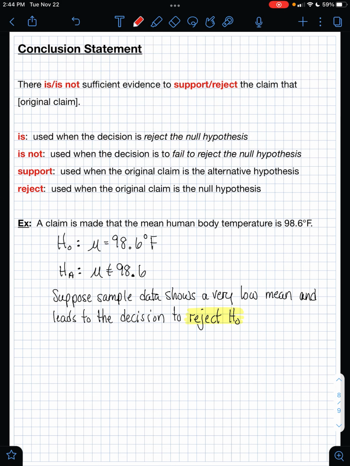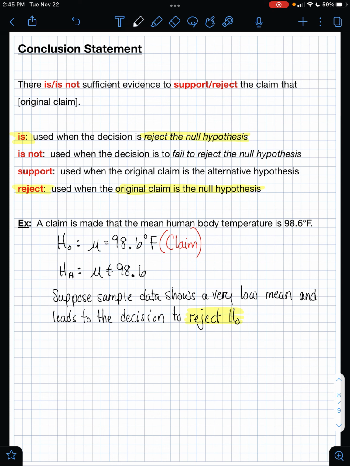Now, I forgot one important thing I want to mark here: that the original claim was the null hypothesis. So we are rejecting the null hypothesis. That means that in our sentence, we're going to use the word is. Now, our original claim was the null hypothesis, so we are going to use the word reject.